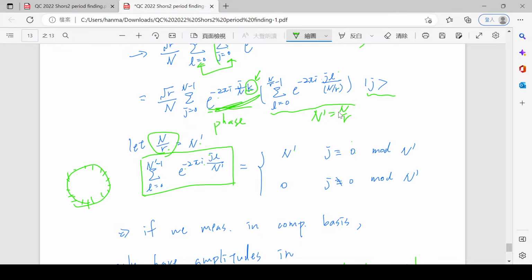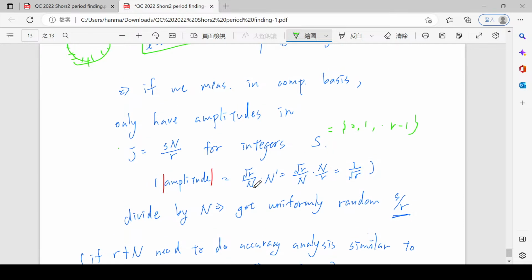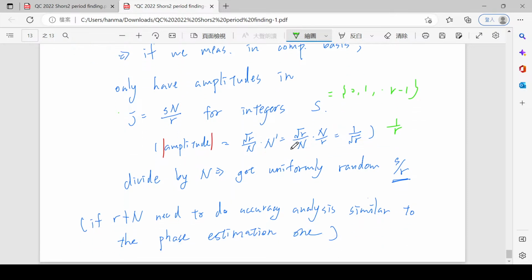So the actual amplitude is this n prime and this square root of r over n. If you multiply things together, that's 1 over square root n. And then you take the amplitude squared, that's 1 over r, as you expected, because there are different a's. So we did what we expected.